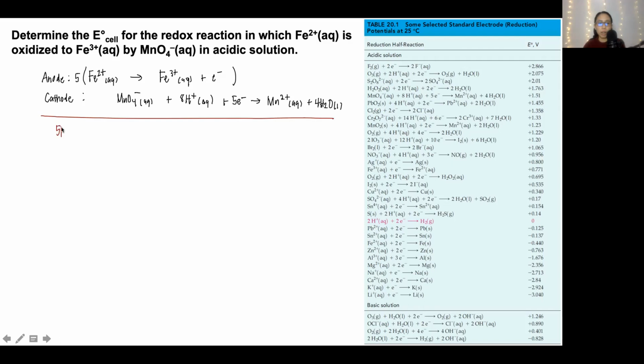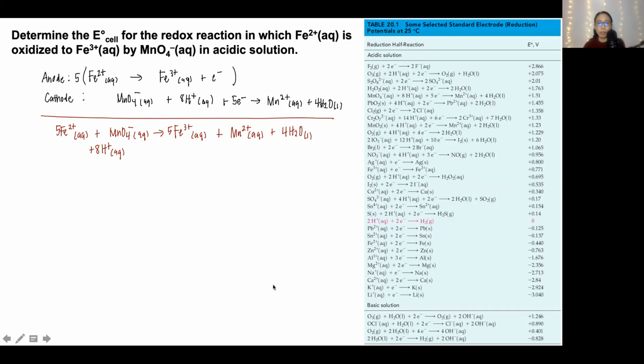And let's write the overall redox reaction. I forgot the H plus on the reactant side. Excuse me. Then we have manganese 2 plus and 4 water molecules. So this is our balanced redox reaction.